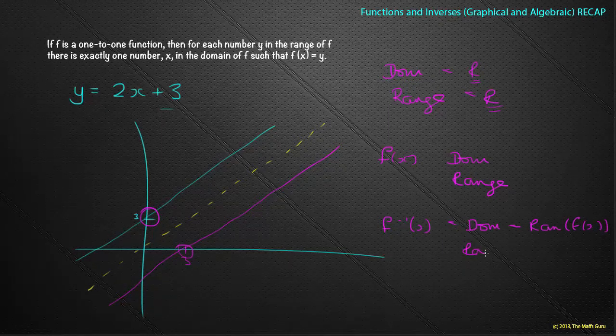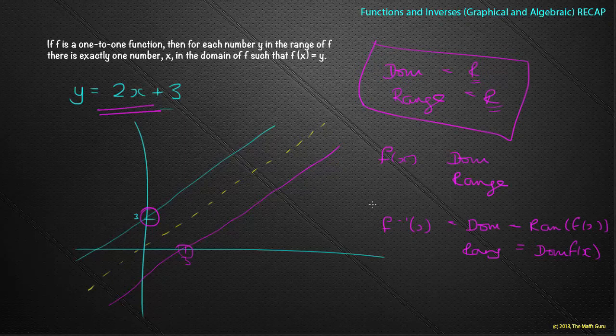And the range of the inverse is equal to the domain of the original function. Now that's actually incredibly important to us as well, because if they give us an original function and we find out the domain and range, I don't necessarily have to draw this thing to work out the domain and range of my inverse, because the domain and range just swap. Remember again, you are reflecting in the line y equals x.